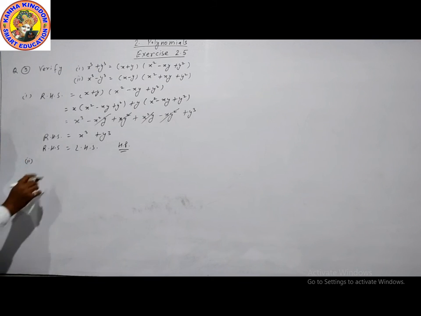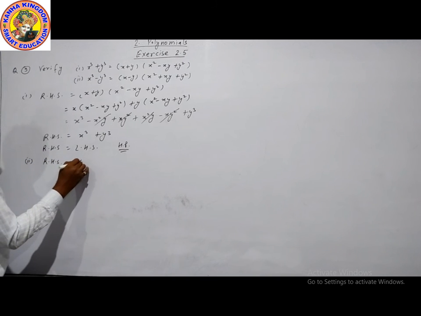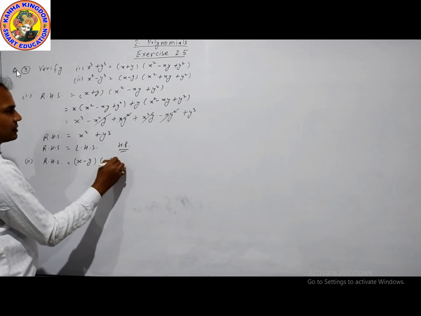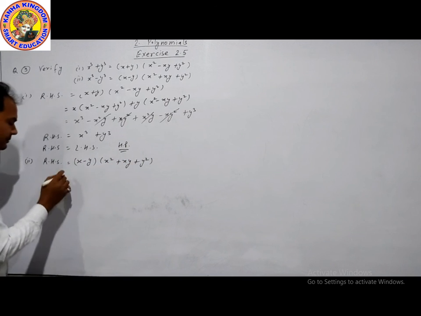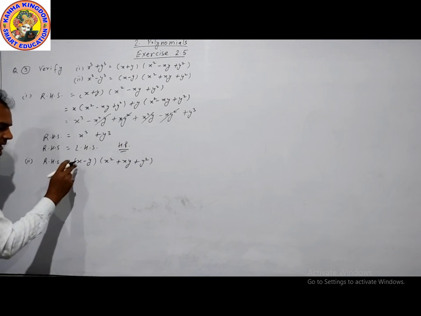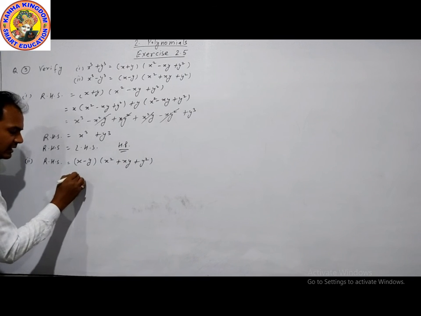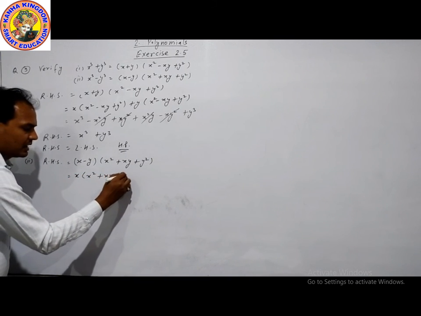Now taking the second one. The right hand side is x minus y multiplied by x square plus xy plus y square. Opening the bracket, x will multiply the bracket and minus y will multiply the bracket. x into x square is x cube, x into xy is x square y, x into y square is x y square.